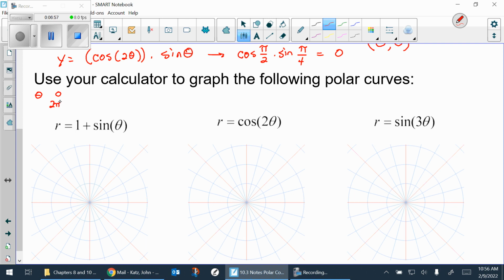And you can set the theta step, much like we set the t step the other day. Set that at 0.1, I think, is a good idea. It's a smooth graph.